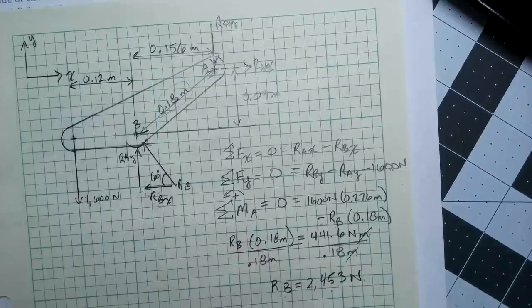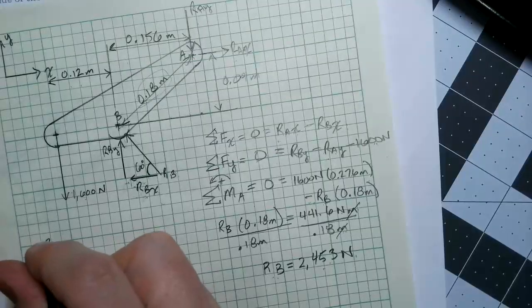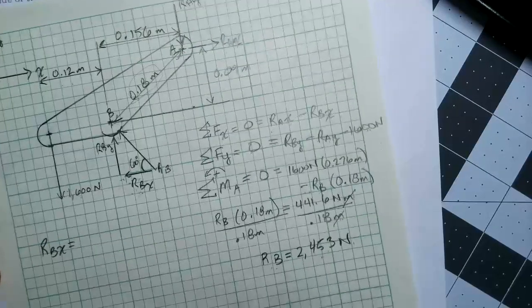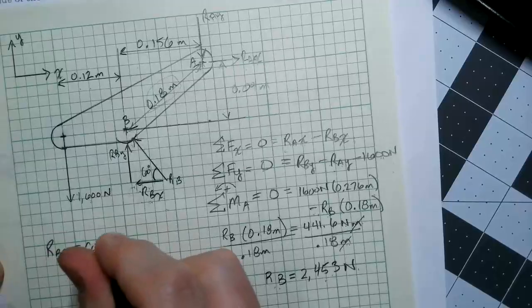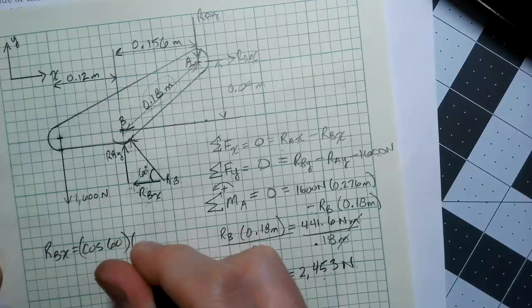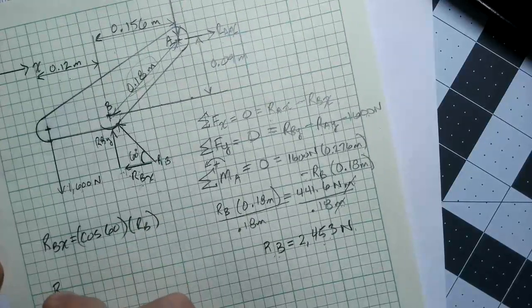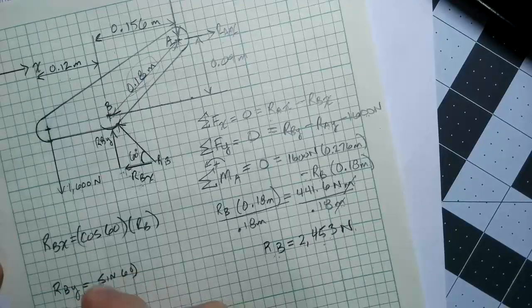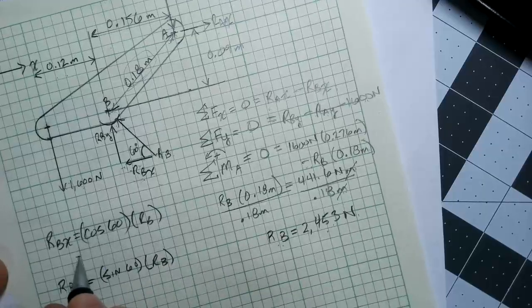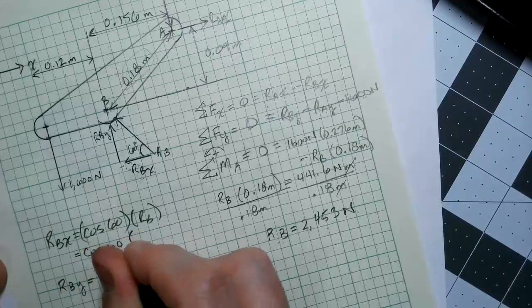So RBX will equal the cosine of 60 times RB. And let's leave a space there. We'll say RBY equals the sine of 60 times RB. So we can solve this now.